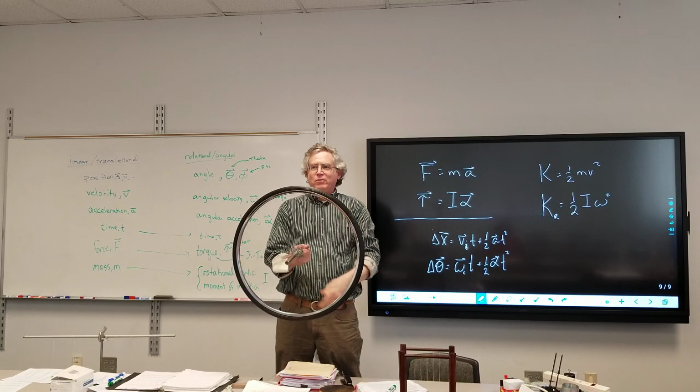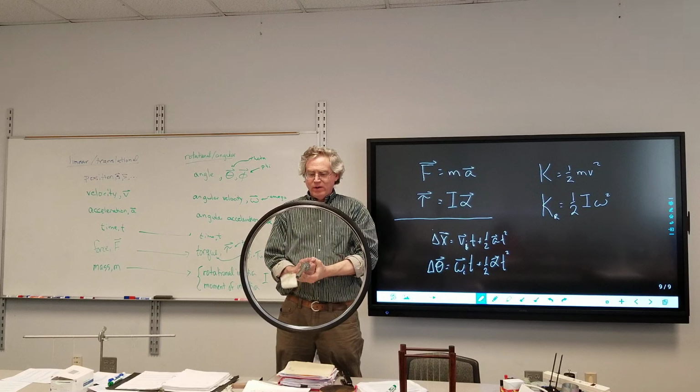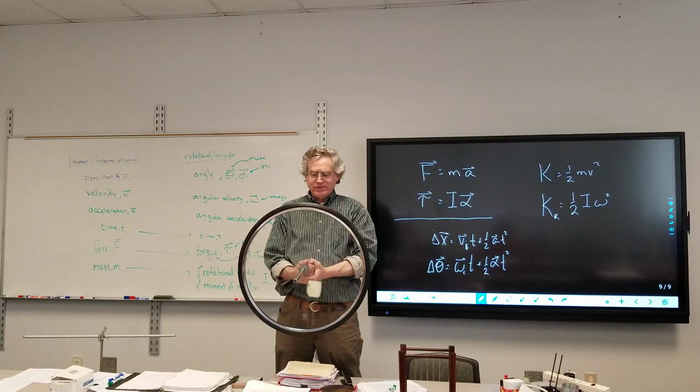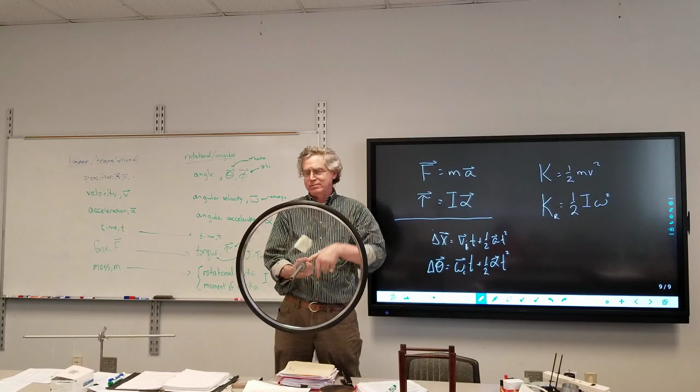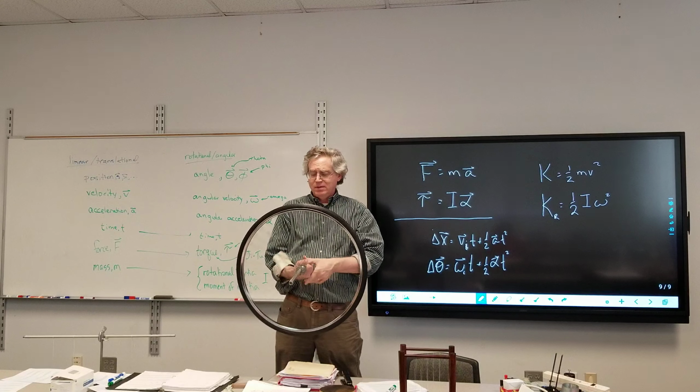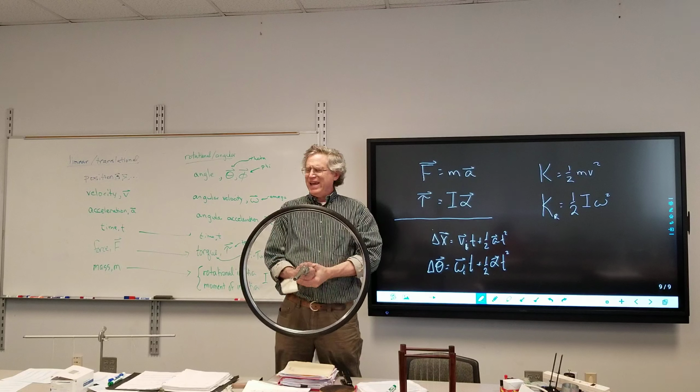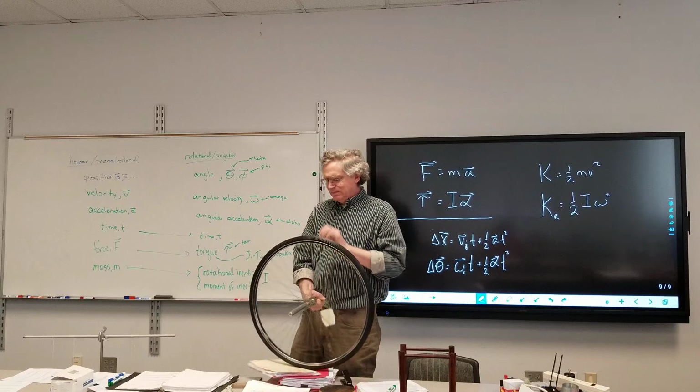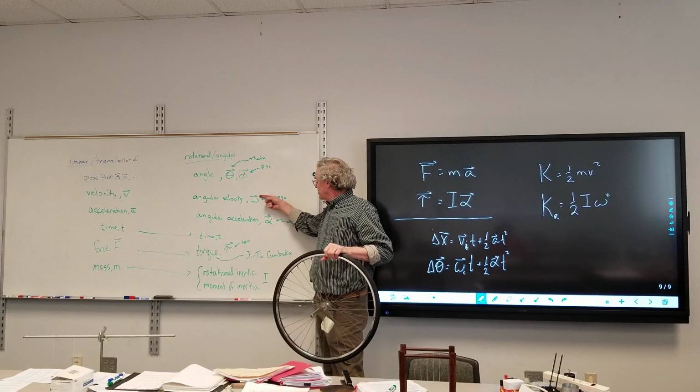All right, so I have this thing going around and I need to describe the angular motion. So we'll start out with angular velocity. It's how the angle it passes through divided by time. But angular velocity is a vector. Got the vector symbol right there.